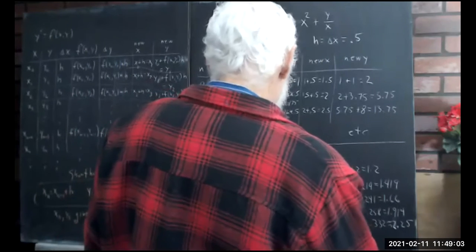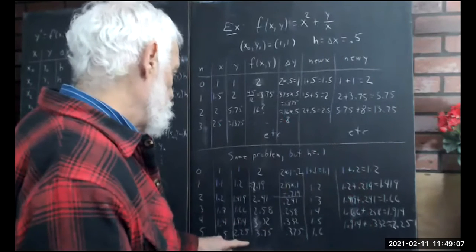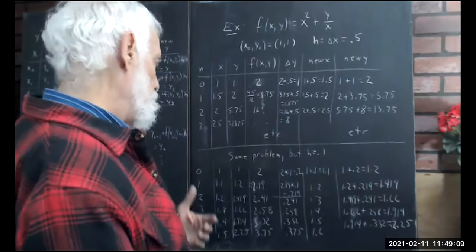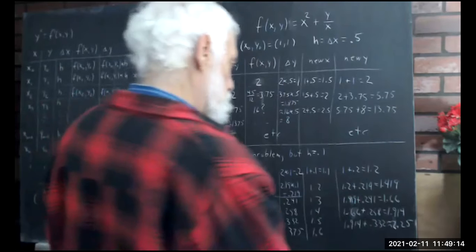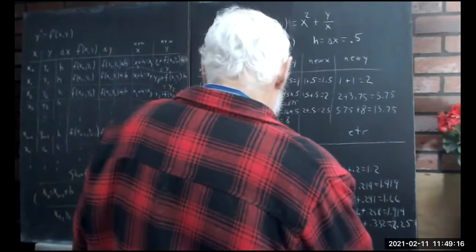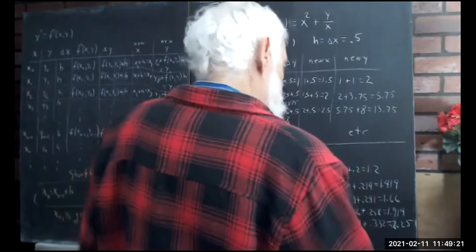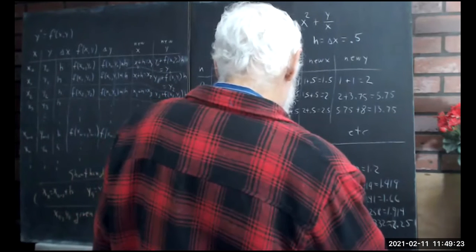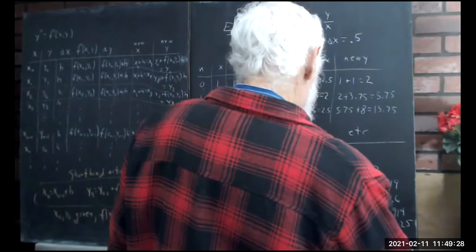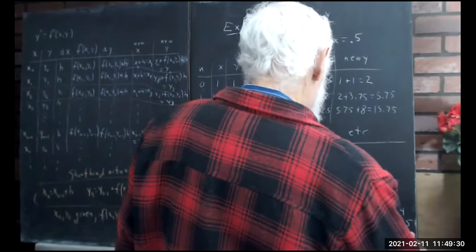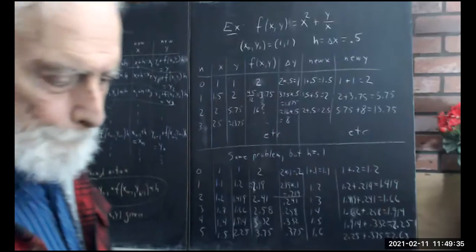And here we're going to have then this plus this, and that's going to be 2.6275, so about 2.63. Okay, so we get about 2.63.